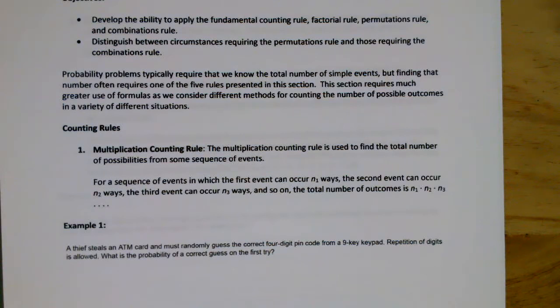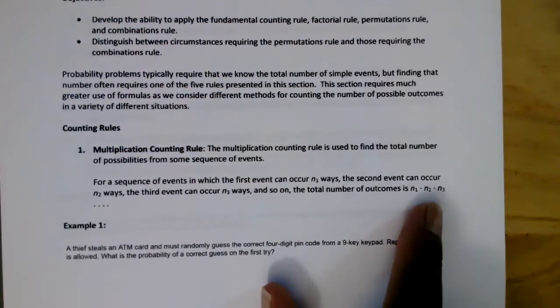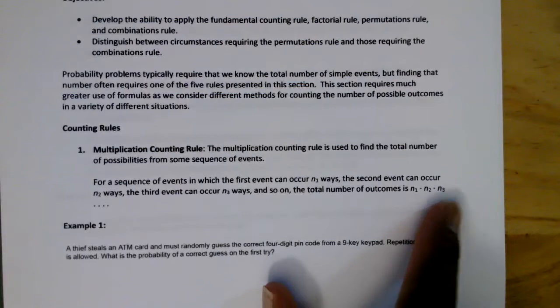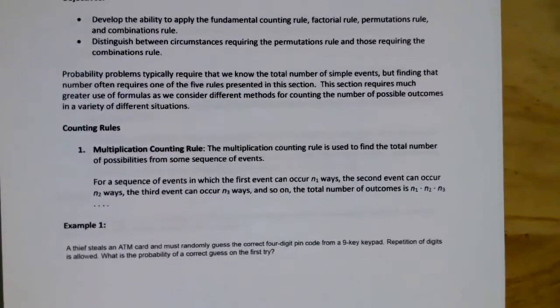So if we have a sequence of events in which the first event can occur in n1 ways, the second event can occur in n2 ways, the third event can occur in n3 ways, and so on, then the total number of outcomes is going to be n1 times n2 times n3 times, and so on. We just simply multiply all of those possibilities there.